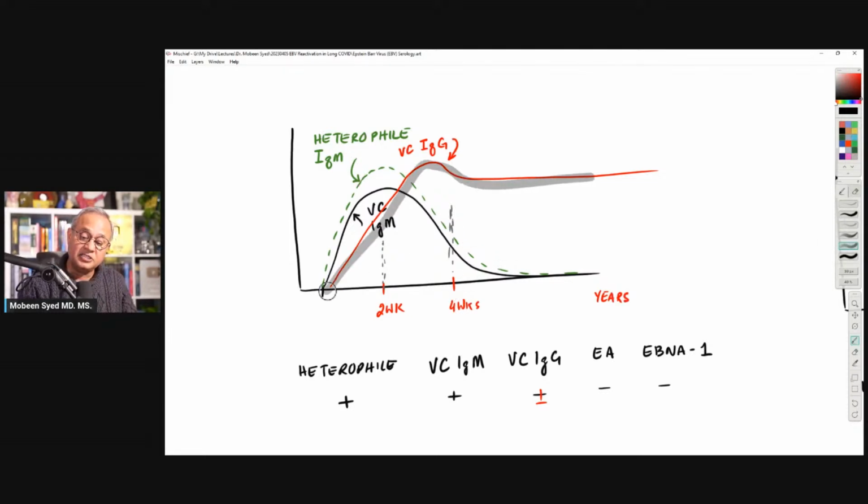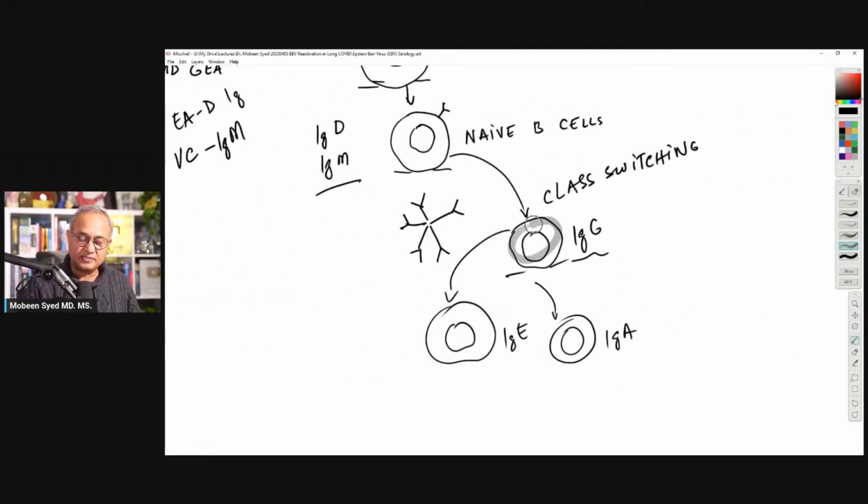Then VCA-IgG. So now we have thrown a wrench in this situation that we have an IgG over here. And I just said that when you see IgG, you say past. But here is the thing, EBV and SARS-CoV-2, both, are such intense viruses that they cause so much proliferation of the B cells, make them divide so much and proliferate so much and differentiate so much that the class switching occurs very rapidly.